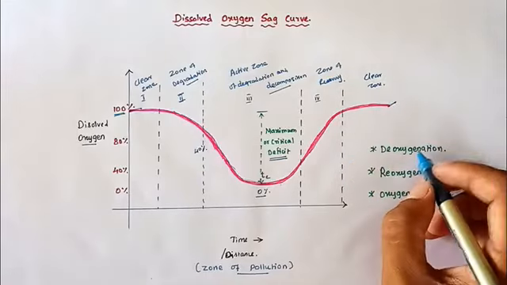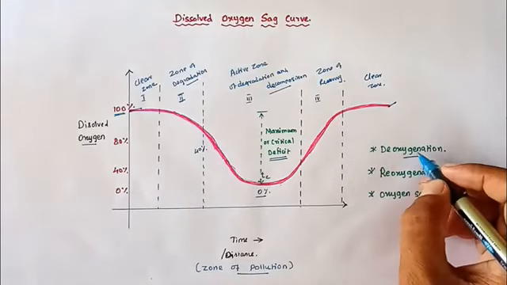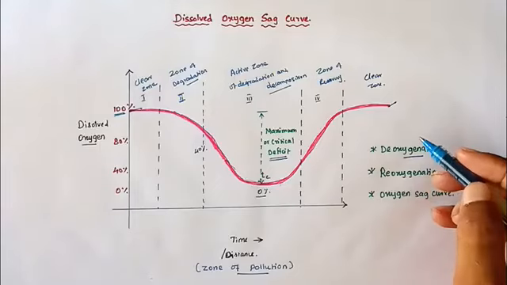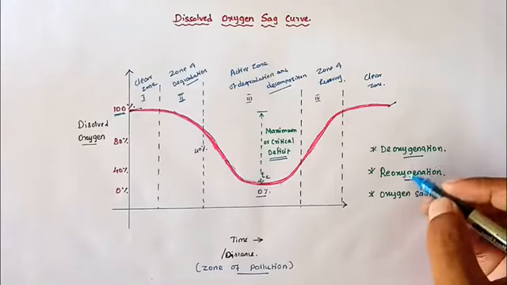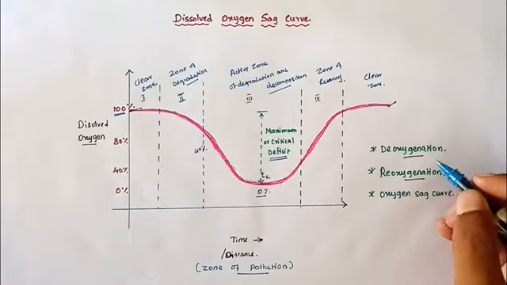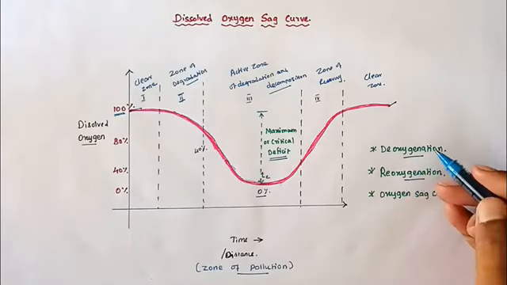From that we have to notice the deoxygenation. Deoxygenation is when oxygen is reduced in the river water, and reoxygenation, the recovery stage, is when oxygen is added into the river water.